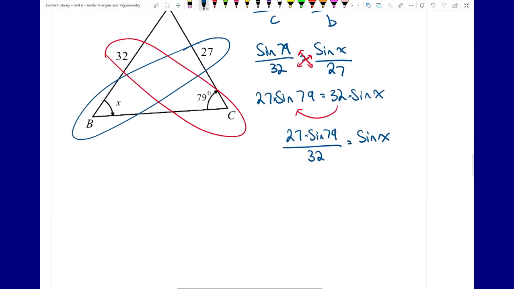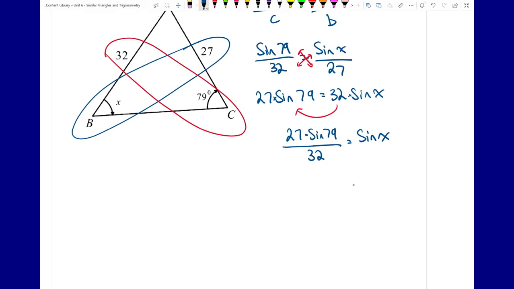The very last step, to get x by itself, we need to do the inverse. So sine inverse of 27 sine 79 divided by 32. And if you're comfortable with your calculator, you can do all of this in one step.